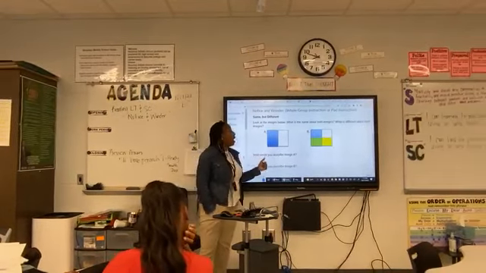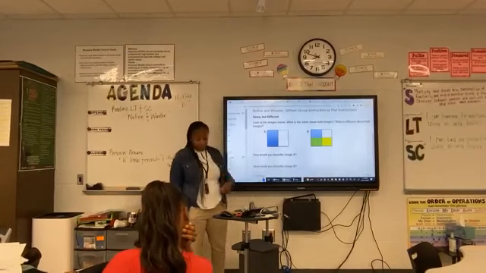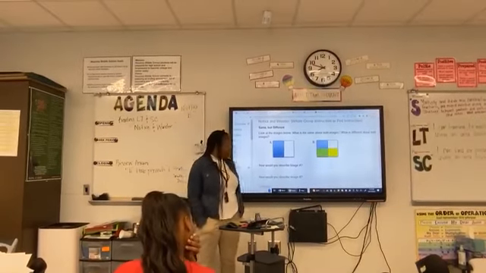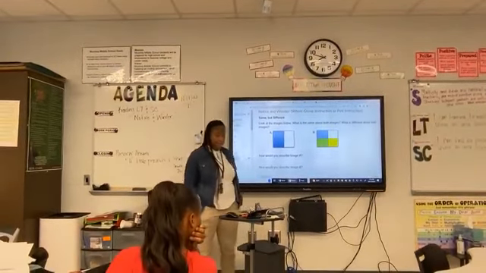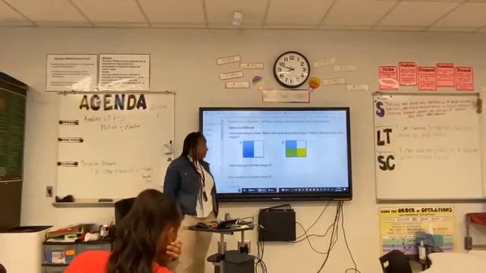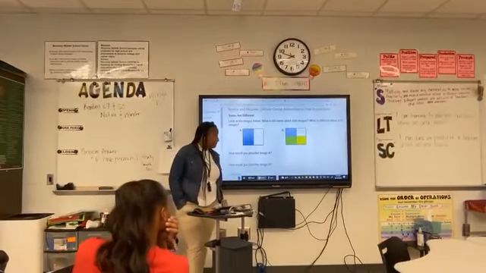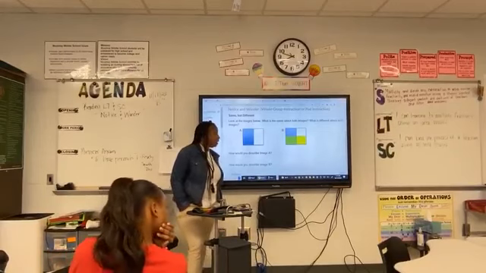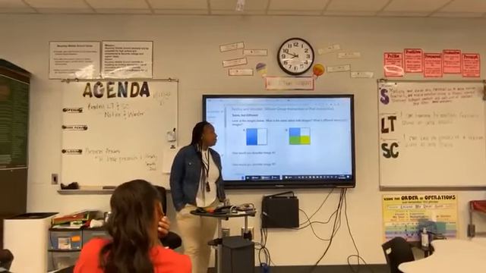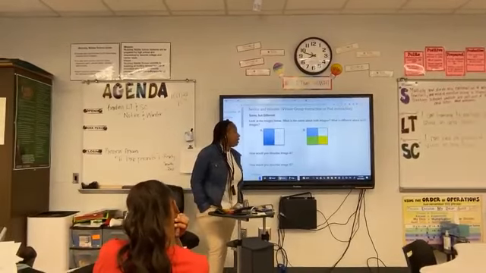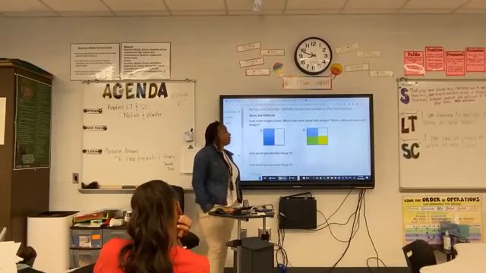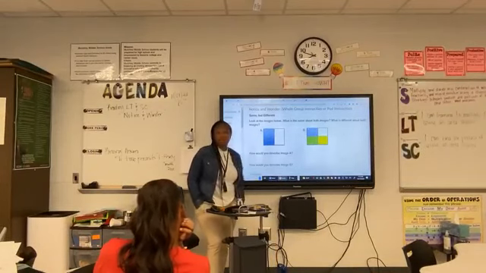B, Miss Williams, describe image B. Okay, 3 parts of it are shaded, but 1 is not. Okay, who could give me a little bit more detail on what's going on with those 3 colors?